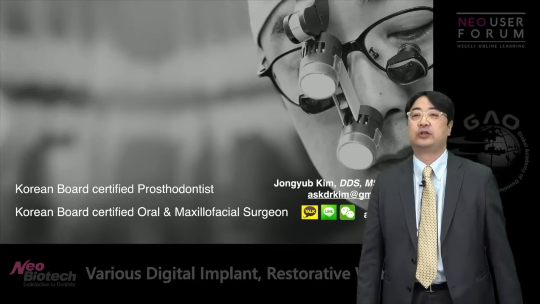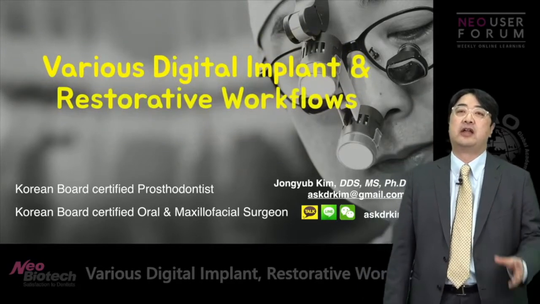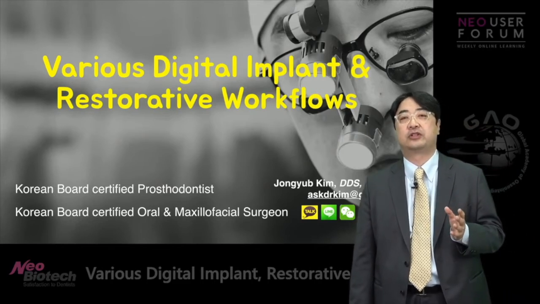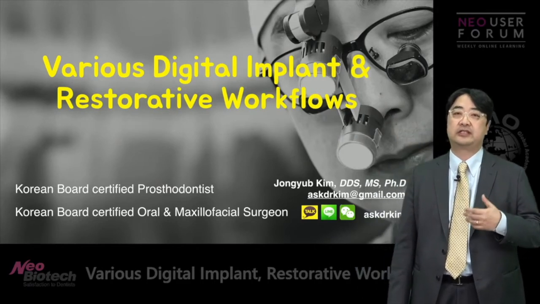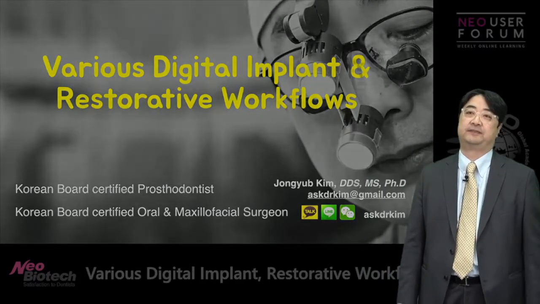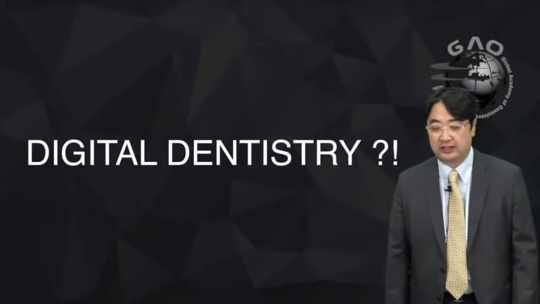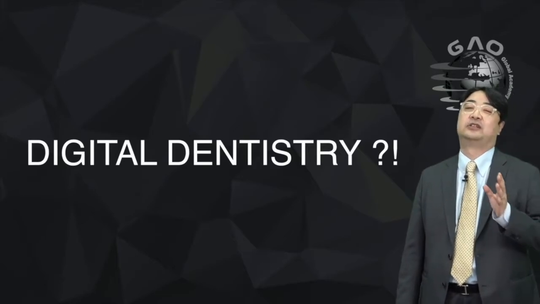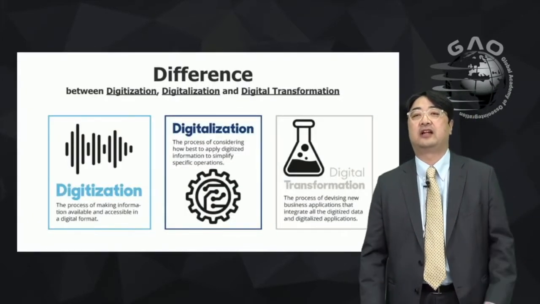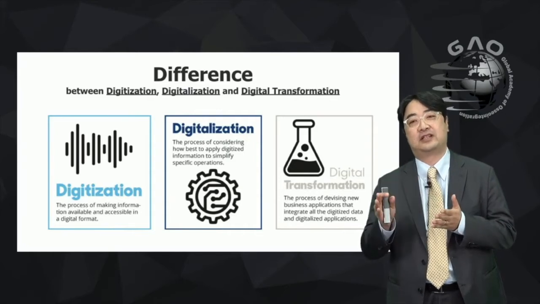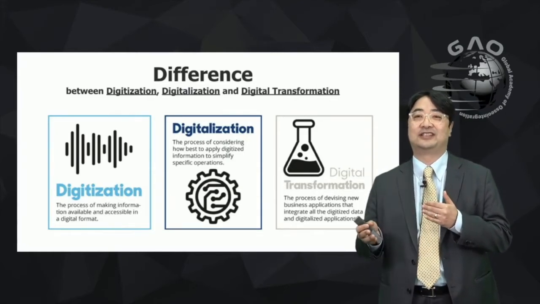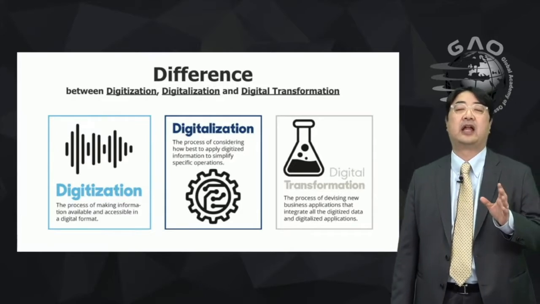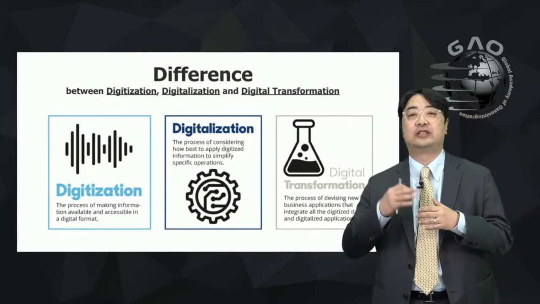Today I'm going to speak about workflows, like various digital implant restorative workflows. So it's about something digital. What do you think digital is? In the industry, digitalization is divided into 3 steps. Digitation is the first step, making any data digital.